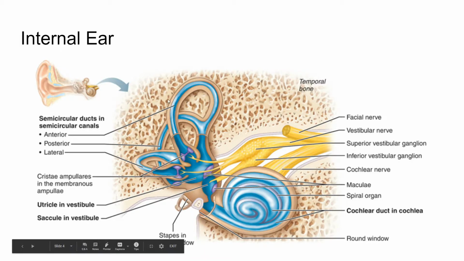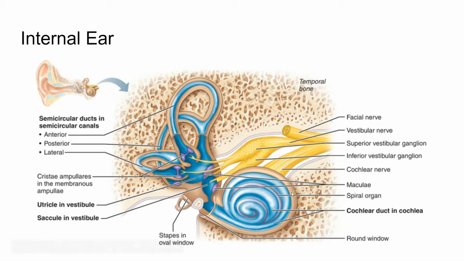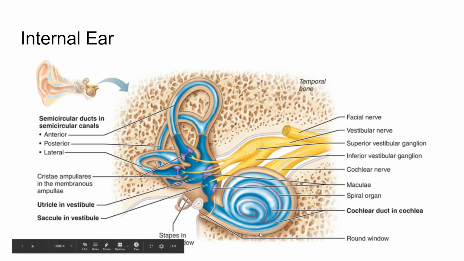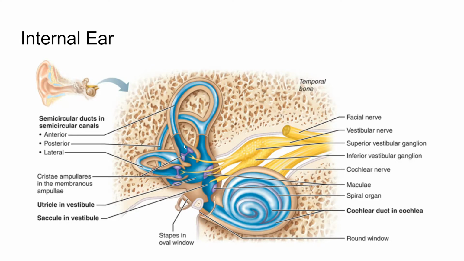You have the semicircular canals up here, and then you have the cochlea. The cochlea is where you get into the membranous structure here. The membranous structure is filled with a fluid called endolymph, which I don't see on here anywhere.